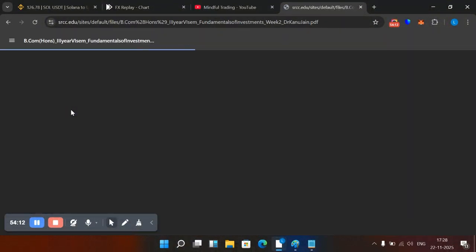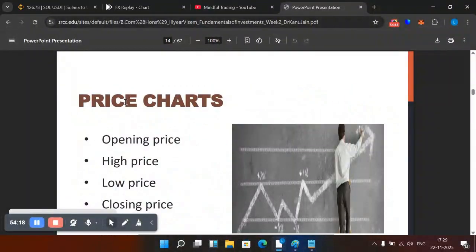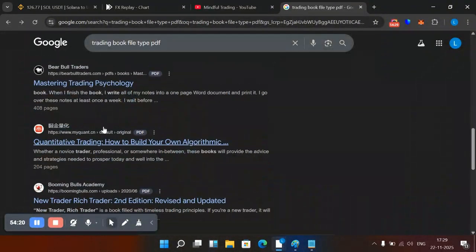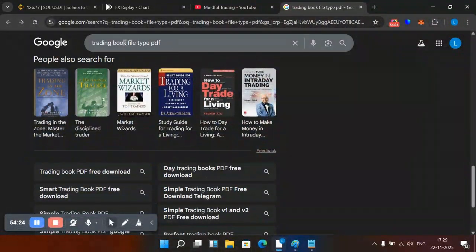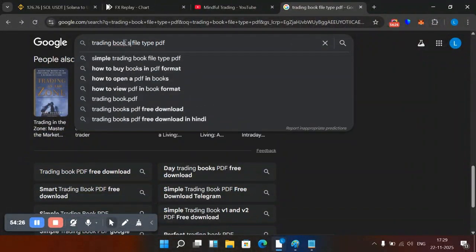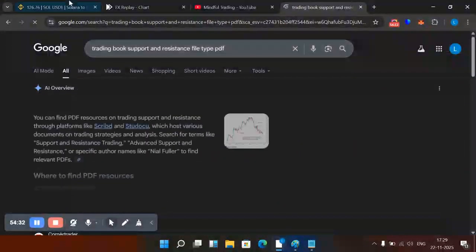Technical analysis, which is this one. No, I have seen this one. It is a pretty bad book. No, not psychology. Trading book. Support and resistance. This is an important topic. I don't want to miss this.